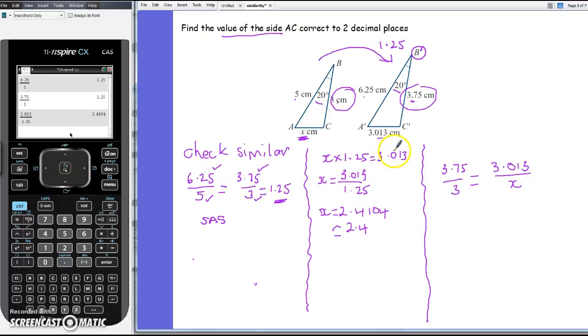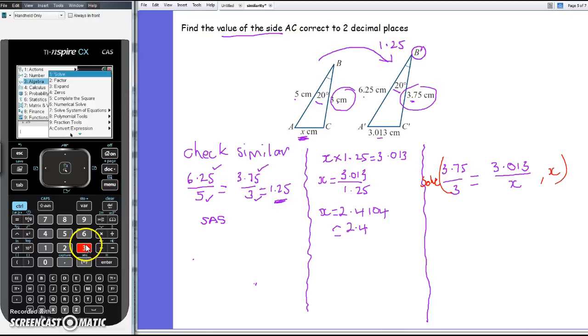What we can now do on our calculator is wrap all of that up in a solve, and it works it all out for us. So if we just go solve all of that, tell me what x is, it's going to give you your answer. So let's have a look over on the calculator. To get a solve, you're going to go menu, and then algebra is number 3, solve is number 1.